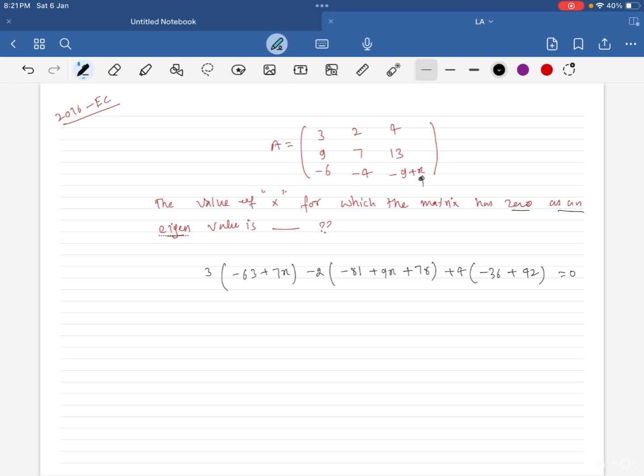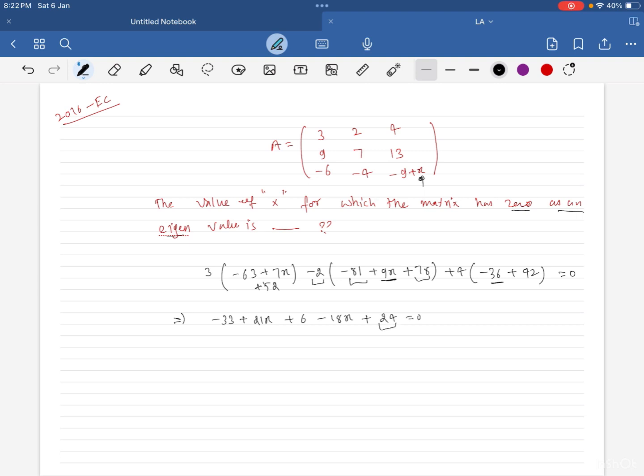Okay, so here I think I have left one more term, that is plus 52, right? So now here we will have 11 minus 11, that is minus 33 plus 21x, and here we will have minus 3 and minus 2, that would be plus 6, and this is 9x, so minus 18x, and here 4 and 6, and 6 times 4, that is 24, equal to 0.